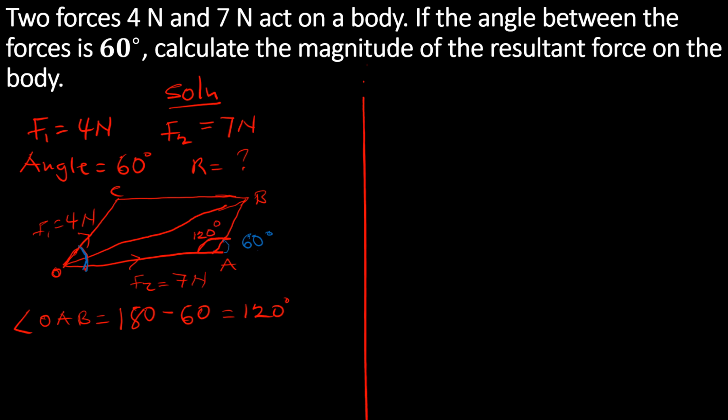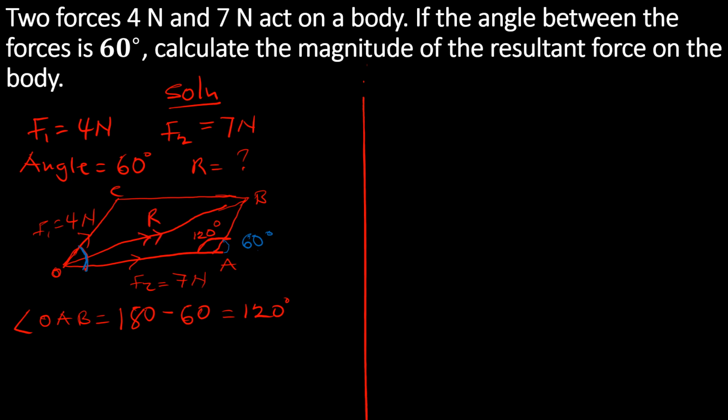Okay, we have our force F1 and F2. We now have our angle OAB. So we can now calculate for the resultant force. So the resultant force, let's make it R.